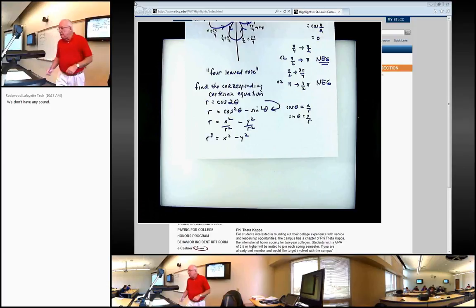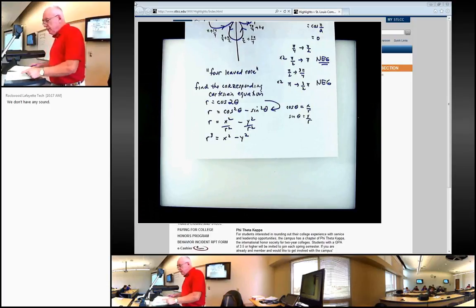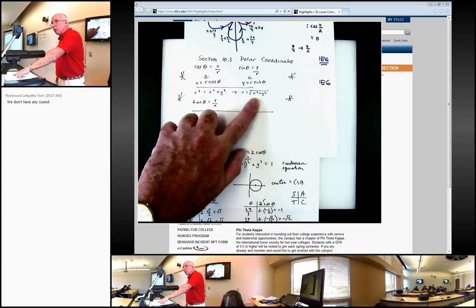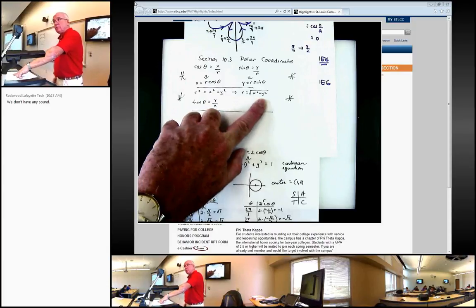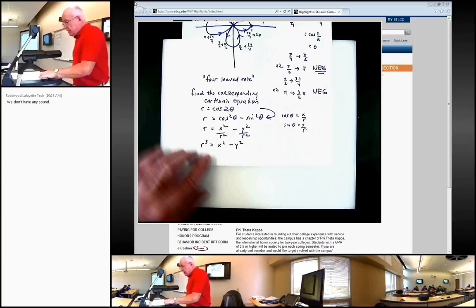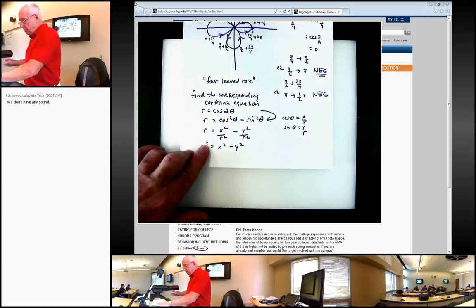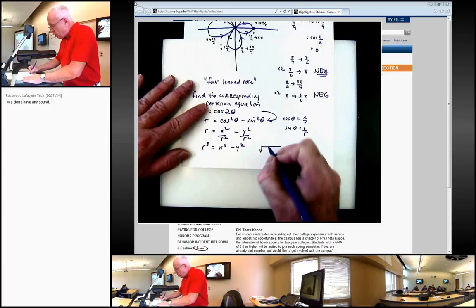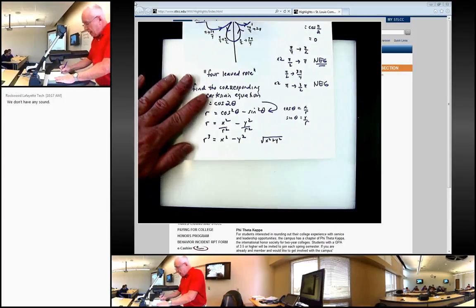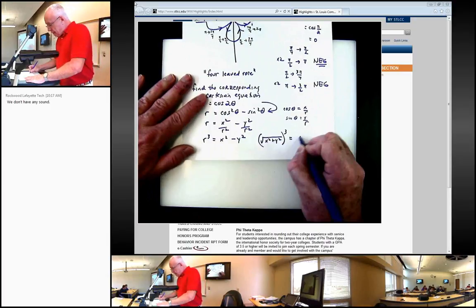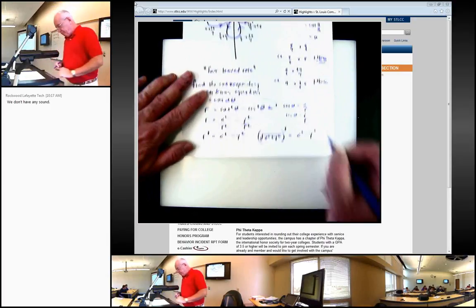And then finally, the last thing I want to use here is the fact that r is equal to the square root of x squared plus y squared. All right, that's an identity. However, this time I have r to the 3rd power. So I can do this in a couple steps if I like. r, of course, is the square root of x squared plus y squared, but I'm raising it to the 3rd power, and that equals x squared minus y squared.